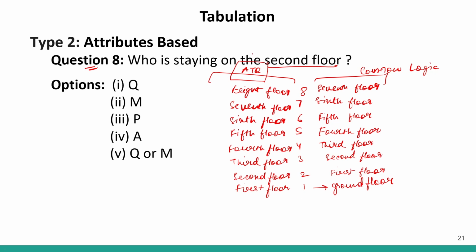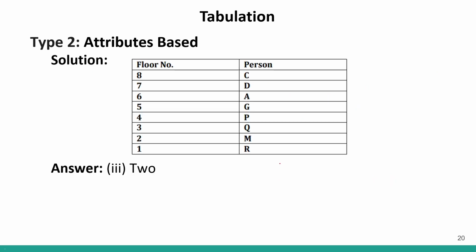So if the question is asking who is staying on the second floor, we have to look at the number 2. Second floor is this position. So if I look at the arrangement, according to the arrangement, on the second floor we have M, correct? So my answer will be M. According to common logic, Q will be on the second floor because R will be on the ground floor, correct?